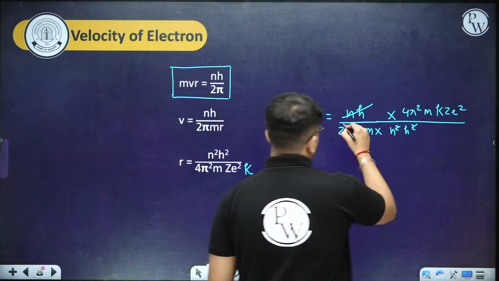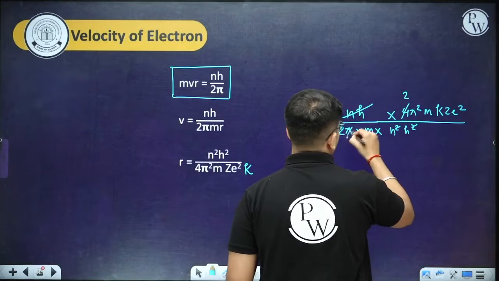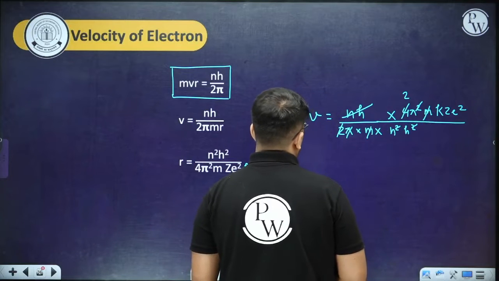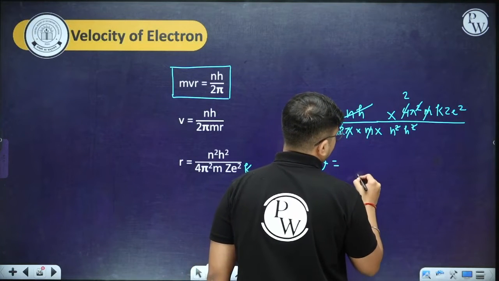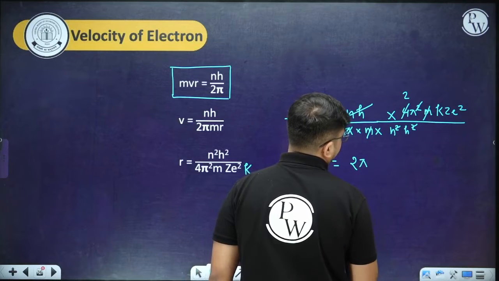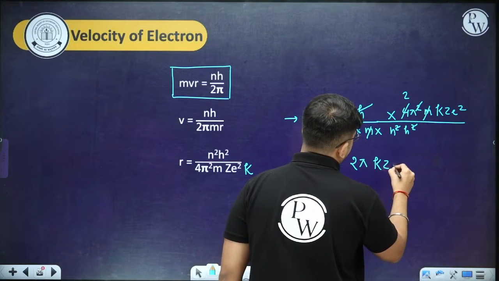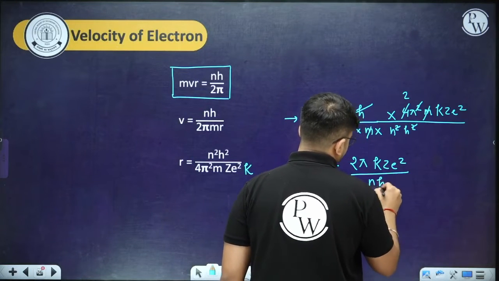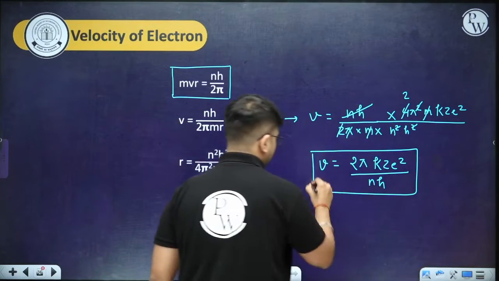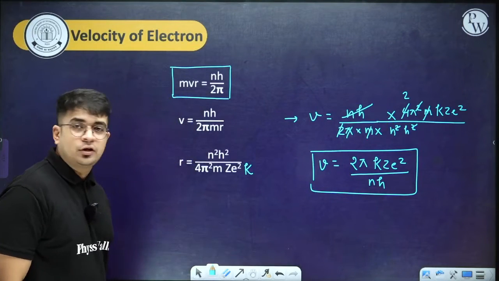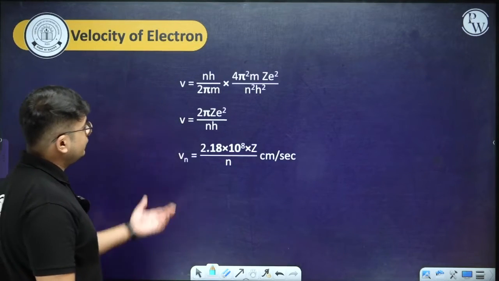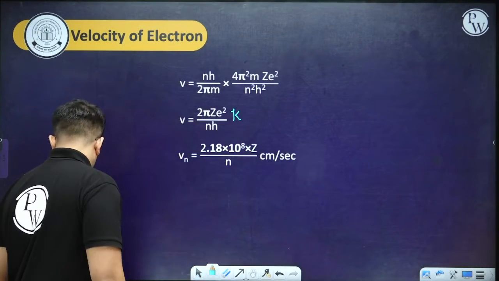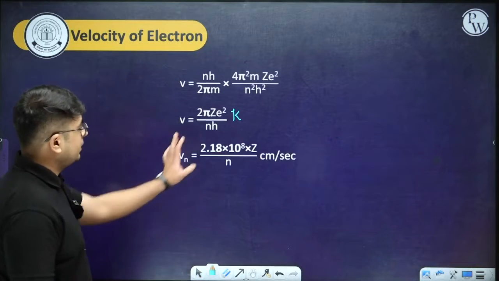This 2 is going to cancel out this 2, this pi is going to cancel out this pi square, m is going to cancel out this part, and we will be left with velocity equal to 2 pi k Ze square upon nh. Yeah, exactly, this is the value.